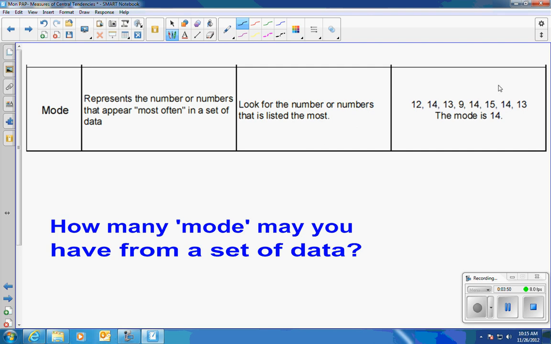So 14 is listed 3 times, which means it is the mode. However, if you think about it, if I added another 13 here, then 13 is listed 3 times, and so is 14. That means that they would both be modes. So how many mode may you have from a set of data? As many as appear.